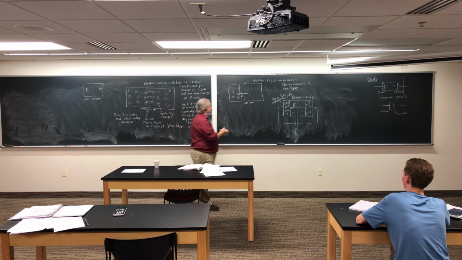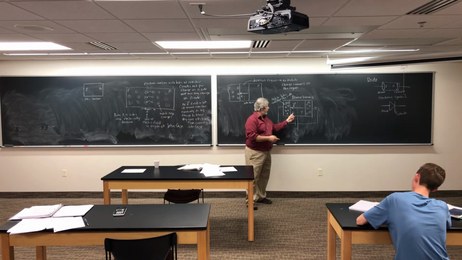So I said, yeah, you leave this area more negatively charged, but the positive charges are all coming over here. This area is no longer neutral. You had all these positive charges that were mobile, that were over here.